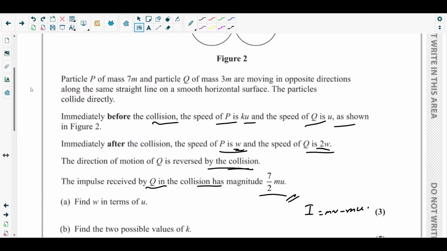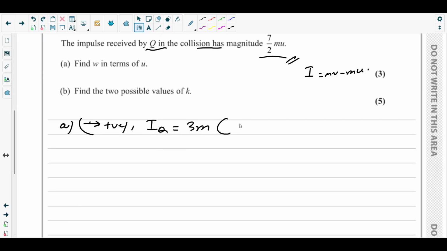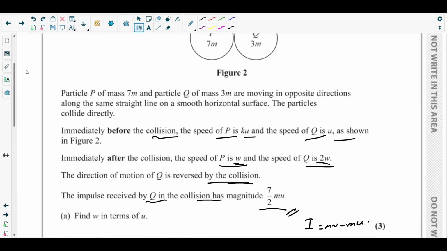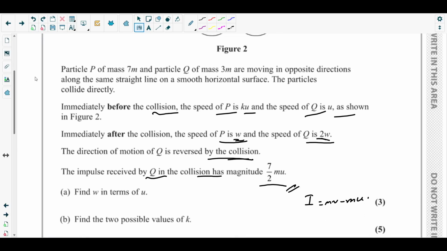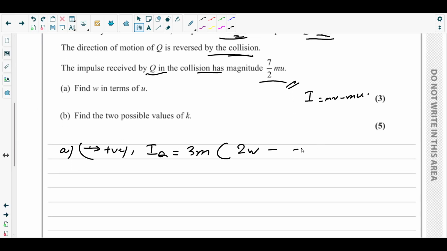It's twice w and it's to the right, so it's positive 2w, minus mu. We take m common. The initial velocity is to the left, so it will be negative u. The impulse on Q is 7/2 mu, as given in the question.